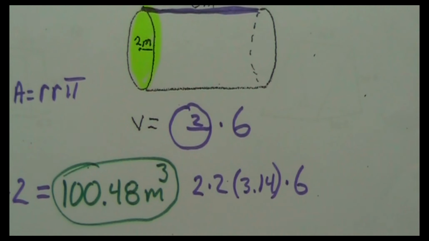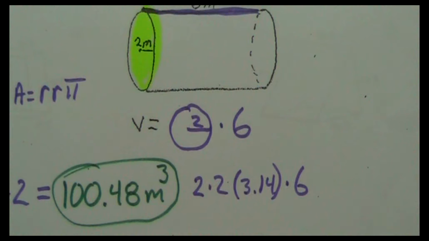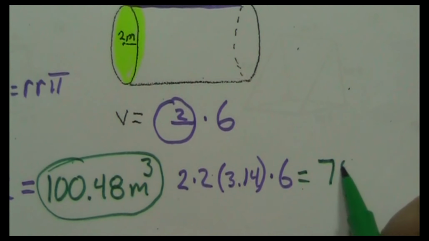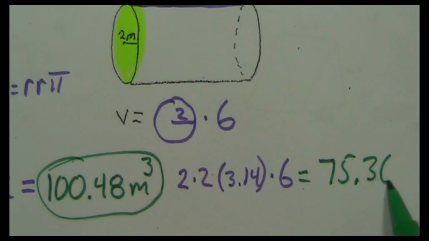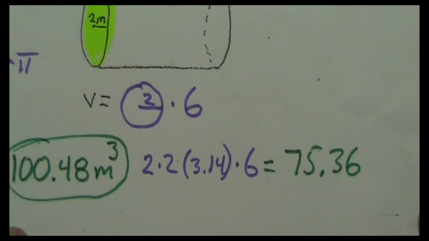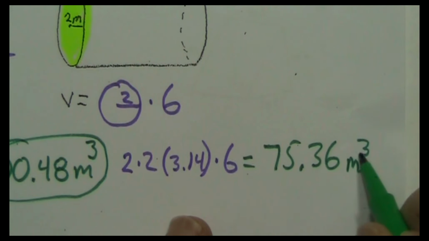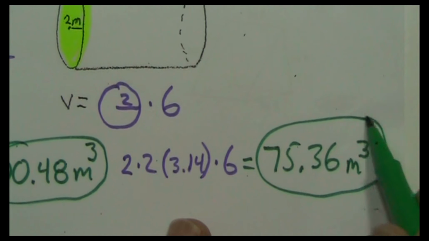So using a calculator, that's 24 times 3.14. Okay, I got 75.36. And remember, we're trying to figure out how many cubes will fit inside. Meters cubed.